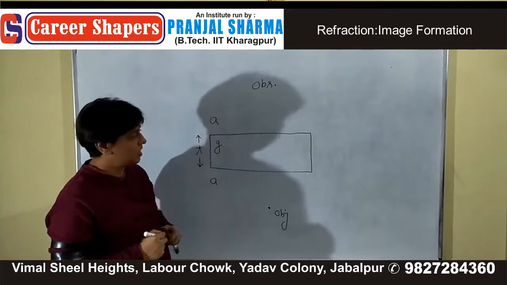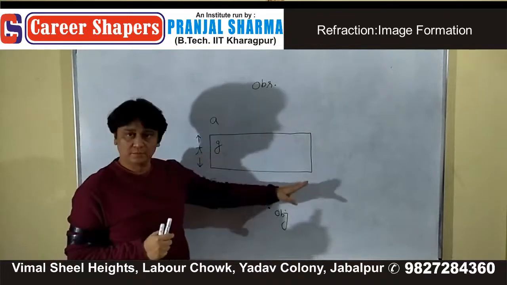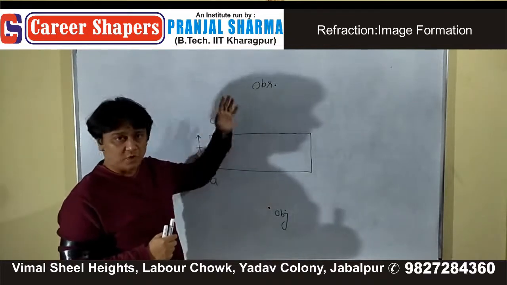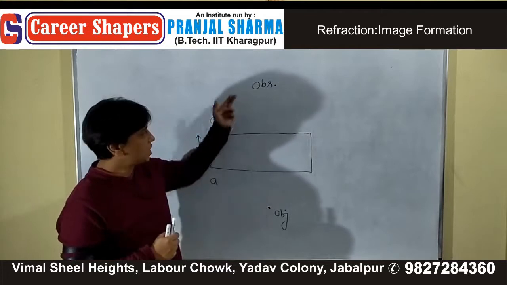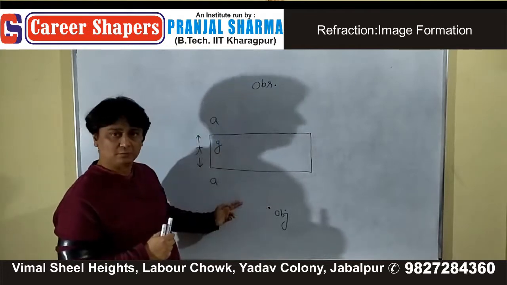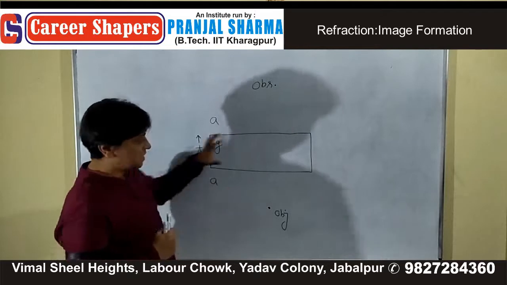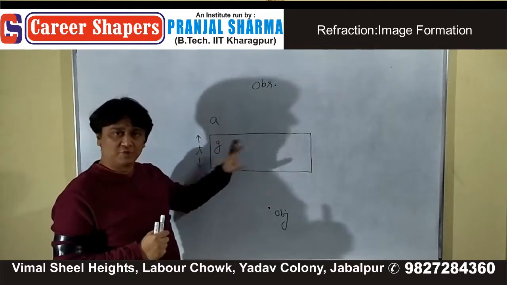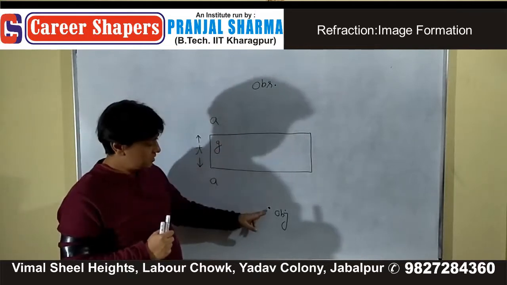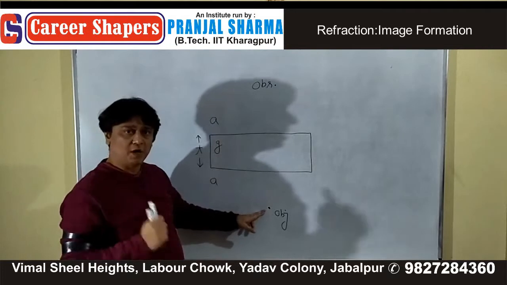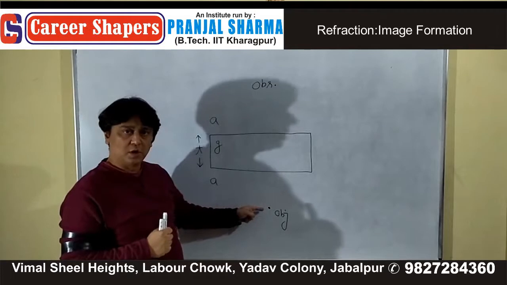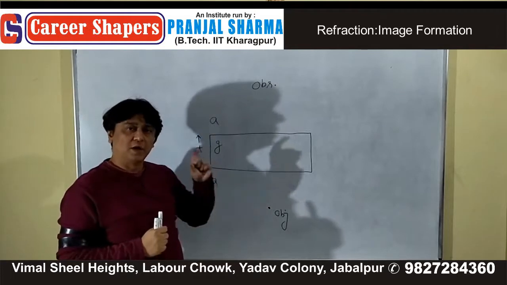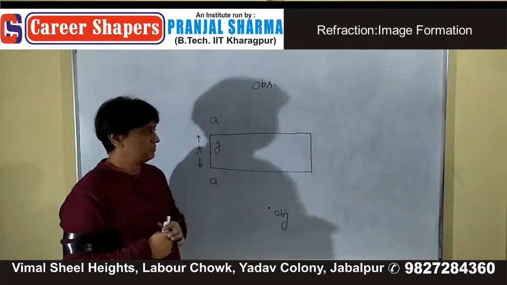If you remove the glass slab, then the observer will find that the object is placed right here because they both are in air. But when you place the glass slab, due to refraction, this object will not be formed at this position. It will get shifted, and our aim is to find the shift.